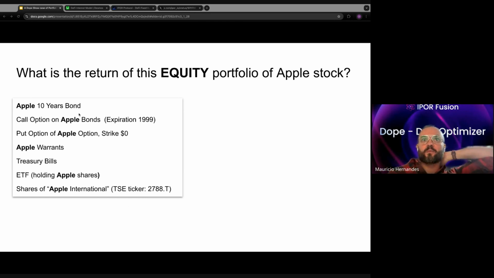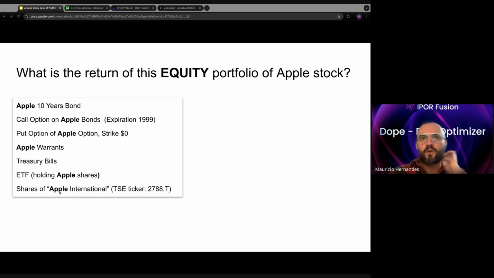For example, this instrument, a 10-year bond on the Apple company, a bond is not equity, right? It's similar to staking a pool with BTC: you're not actually holding the asset, you get exposure to interest rates on that. It's a different beast. You could have options that expired 30 years ago.